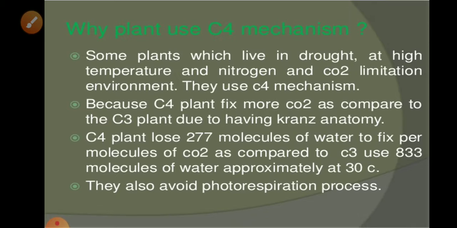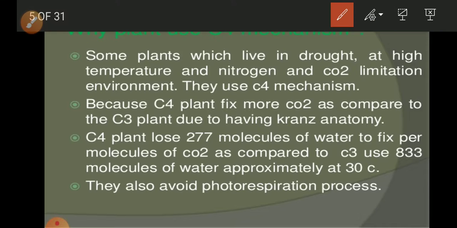So why do plants use the C4 mechanism? Because some plants live in drought conditions at high temperature with nitrogen and carbon dioxide limitations, so they use the C4 mechanism for their survival.